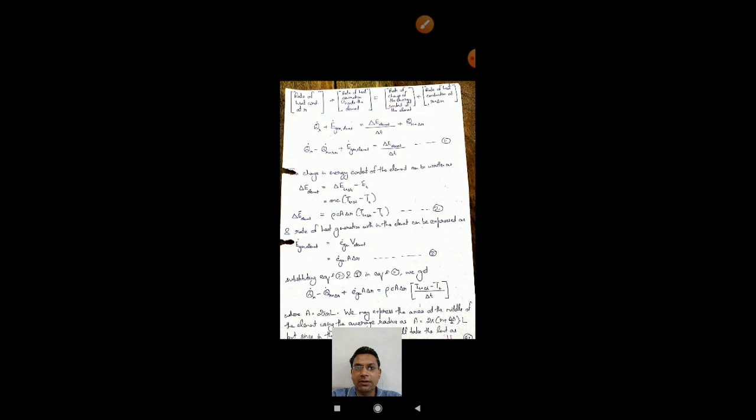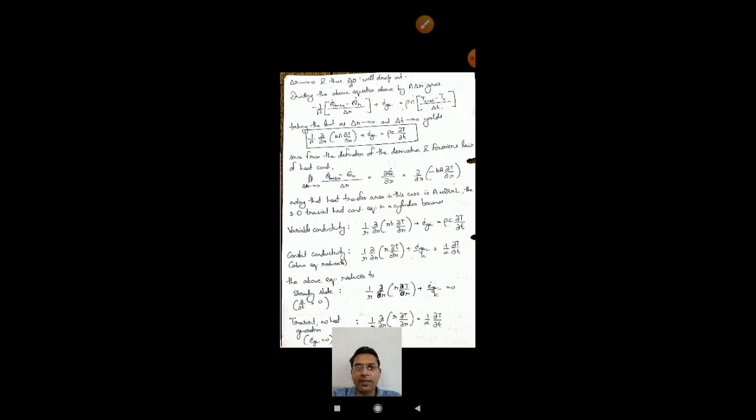What I mean to say is, as delta r tends to 0, as in the plane wall equation where I used delta x tends to 0, delta r by 2 will drop out because the thickness is very small. So rearranging the equation, dividing it by A delta r, previously in the large plane wall divided by A delta x.